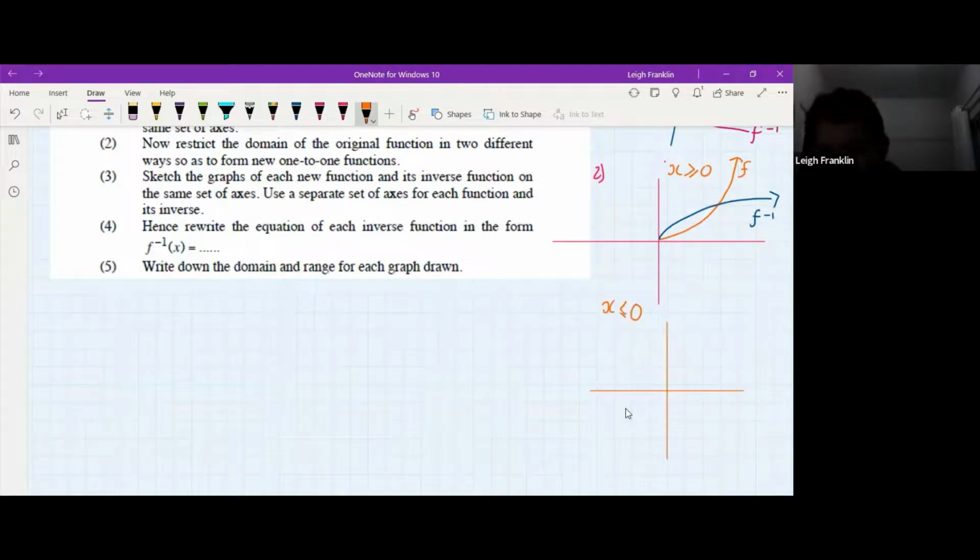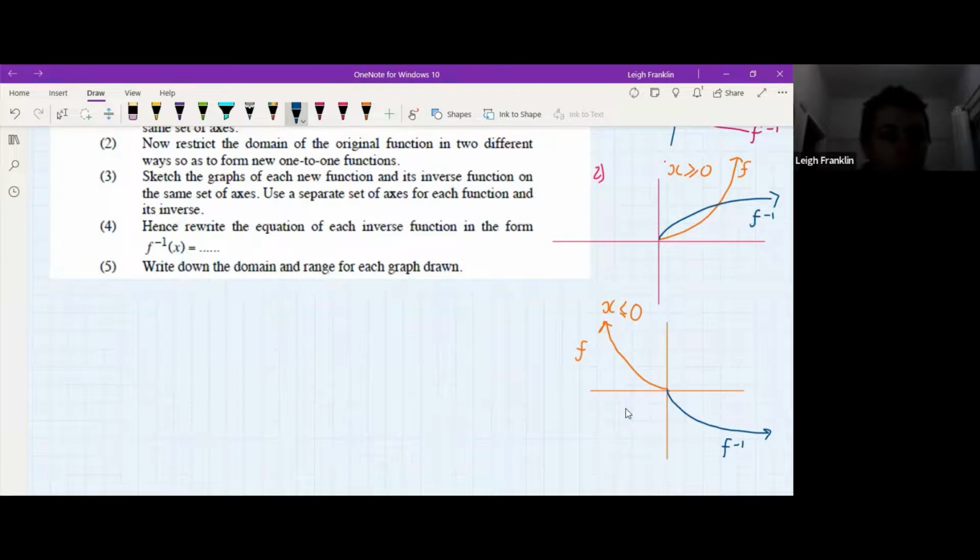That means in this case we will end up with the arm that does that. That would be f. And then our other arm, once it's reflected over the line y equals x, is going to look like that. So we've done part 1, we've done part 2.